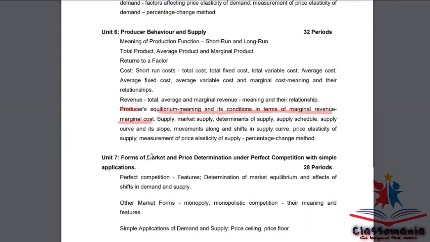In unit 7, forms of market and price determination under perfect competition with simple application, the topics that have been deleted are other market forms: monopoly, monopolistic competition, their meaning and features. The remaining topics are coming as it is in the examination.